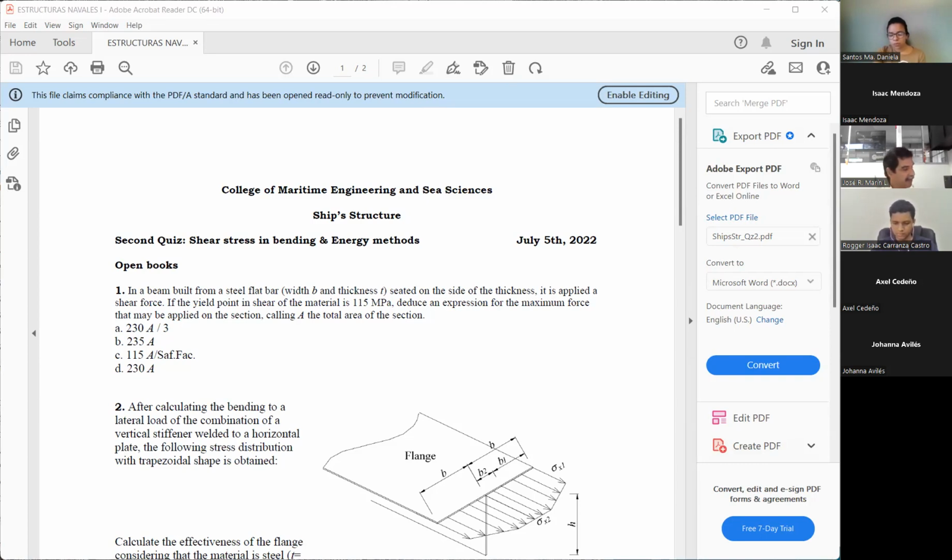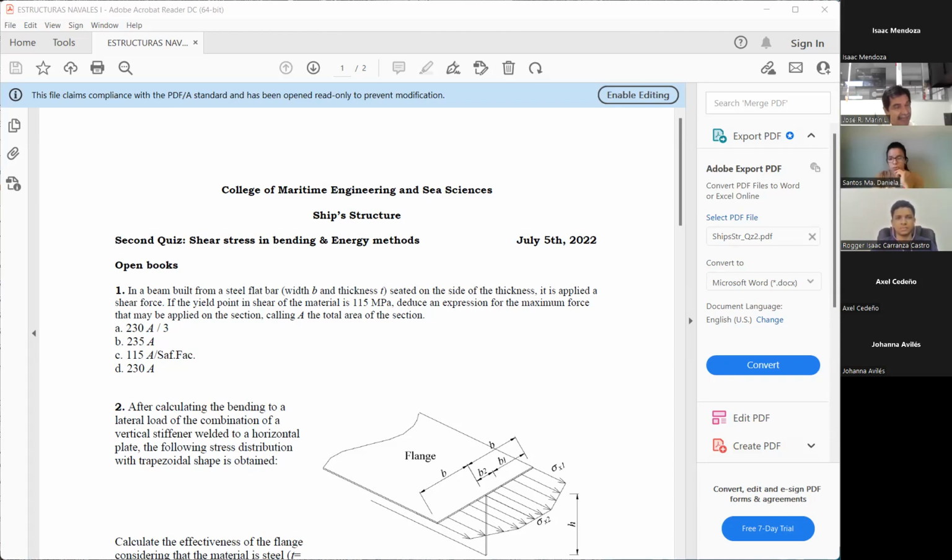If you do a test, I see your point. If you make a test and measure the yield point in a real steel specimen, the value will be higher than 115.